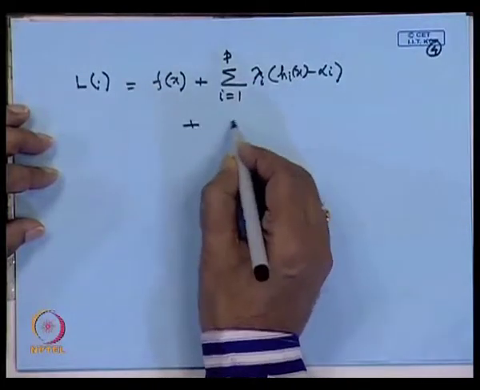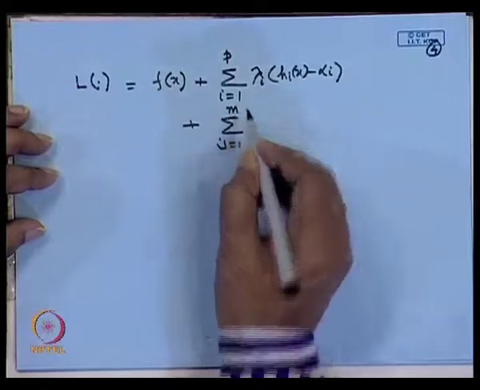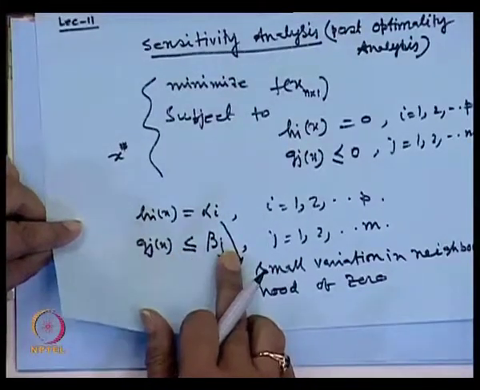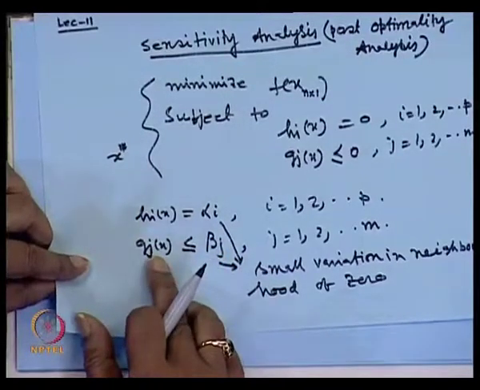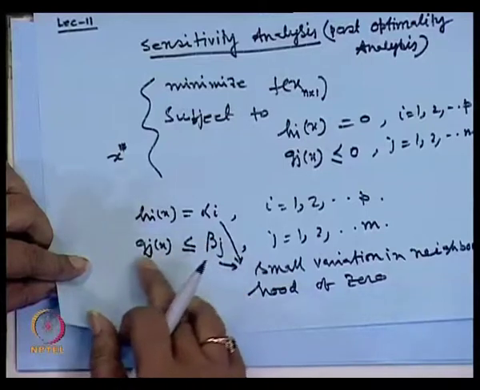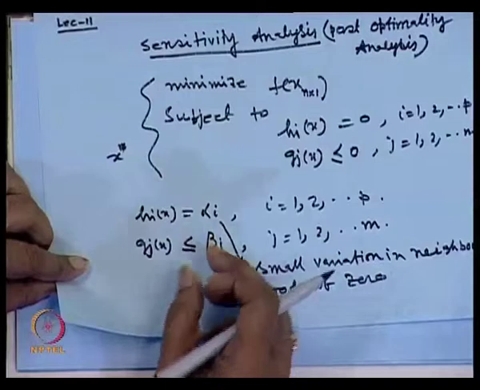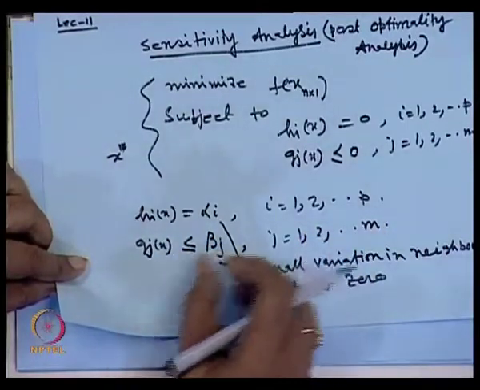Plus summation of j equals 1 to m. Now, see this one, this is less than or equal to this one. So, I can take this to the left hand side, that means g j of x minus beta j is less than or equal to 0. So, we have to add something in order to make it an equality constraint.